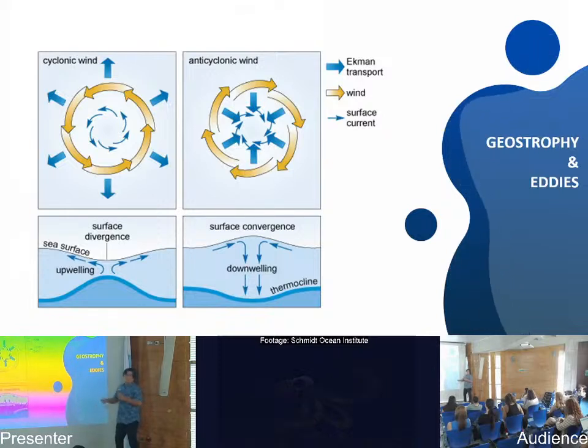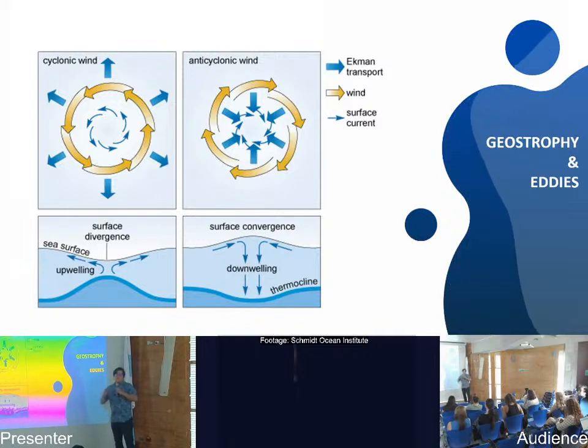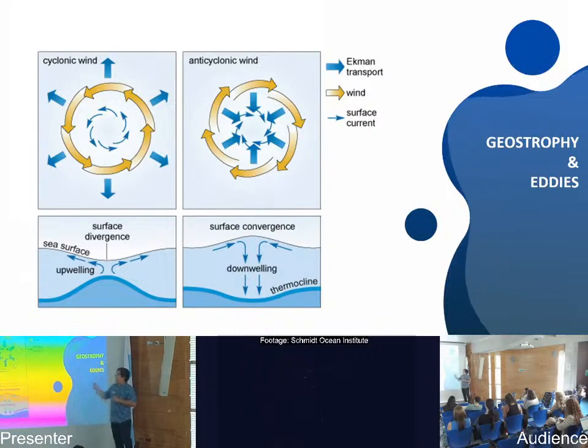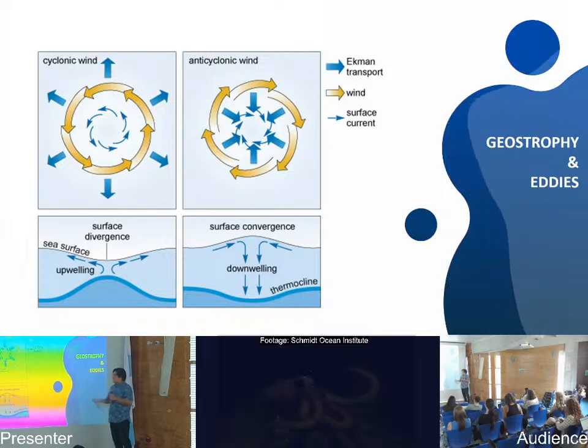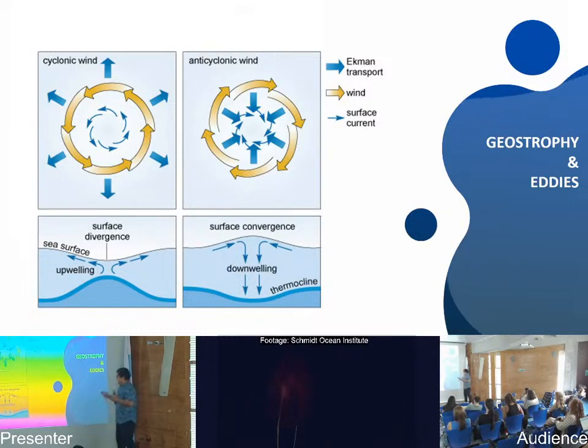On the other hand, with anticyclonic eddies we have an accumulation of water that makes the center of the eddy higher in height, and this provokes different processes in the water column, specifically downwelling. So it depresses the isopycnals and the isolines.